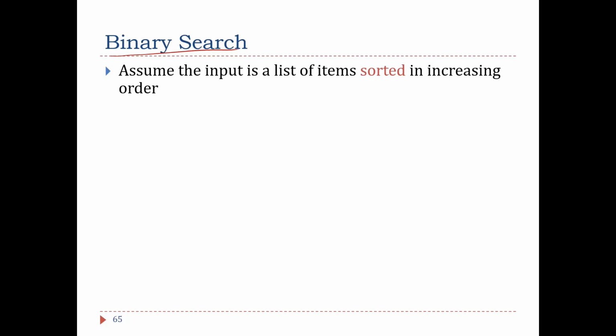We will see what that means. So suppose the input list is sorted in increasing order or in decreasing order. No matter the order, with a slight change we can adapt the algorithm. But the most important key here is that the list must be sorted.